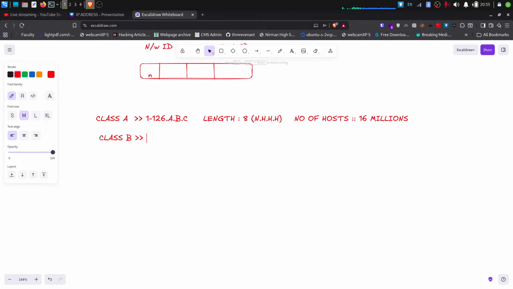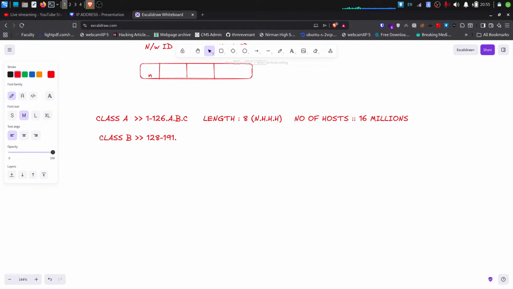For large networks, for governments, for organizations. Perfect, guys. Class A IPs support very large networks by providing a huge number of device addresses. Very good. Class B ranges from 128 to 191.